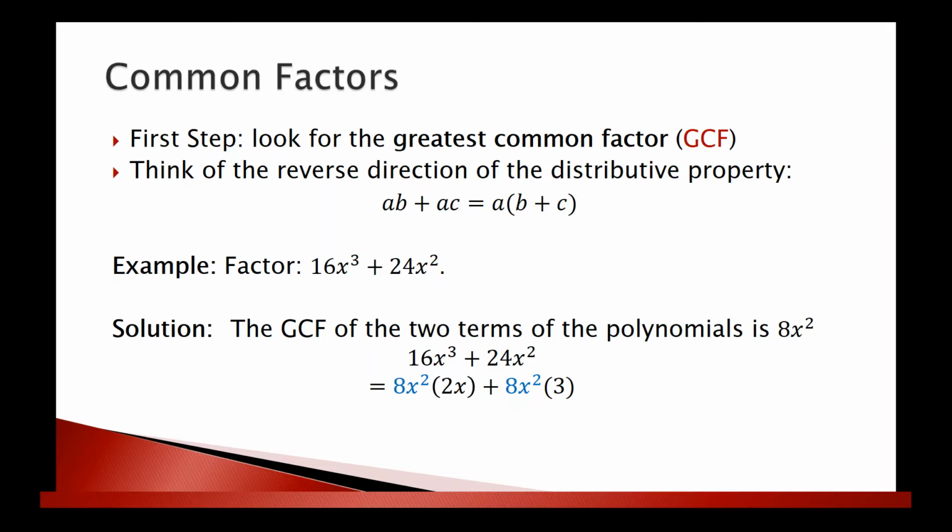And now since 8x squared is the common factor of these two terms, we can factor this out, and you can write this as 8x squared times (2x plus 3). Now this 8x squared and 2x plus 3 are the factors of the polynomial 16x cubed plus 24x squared.